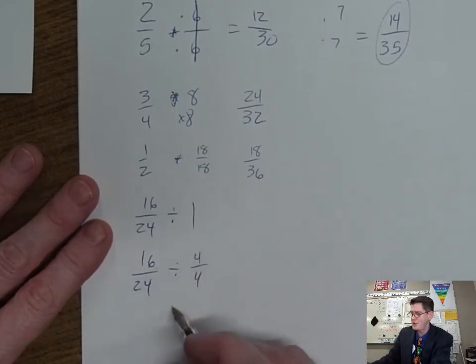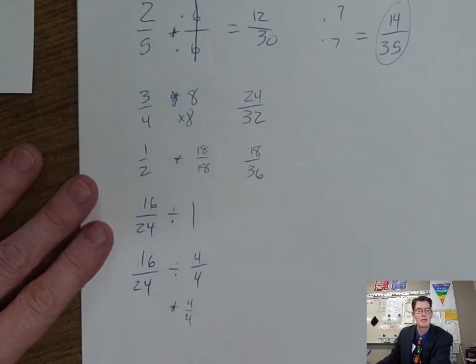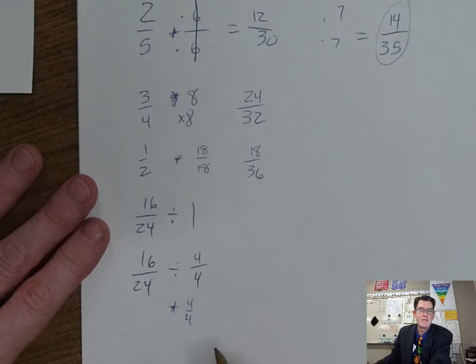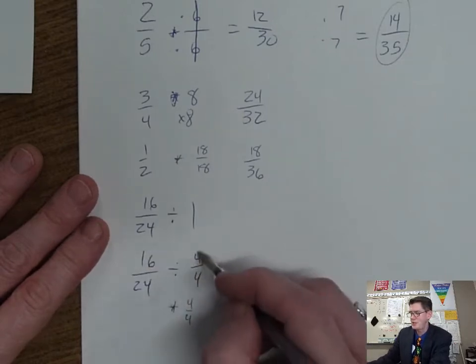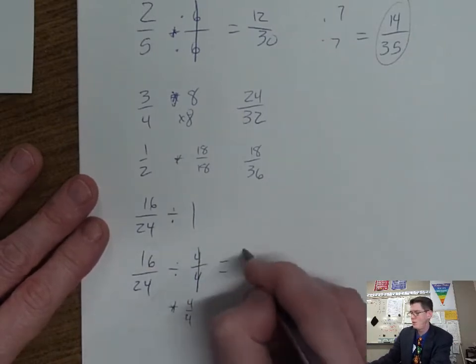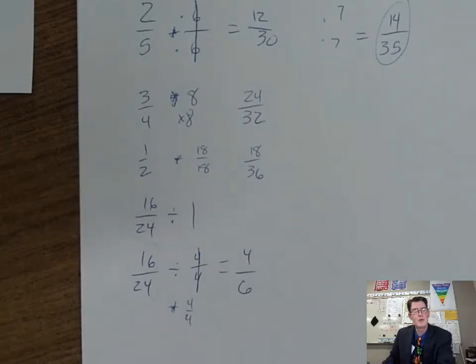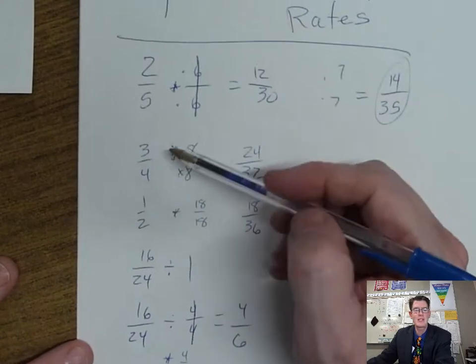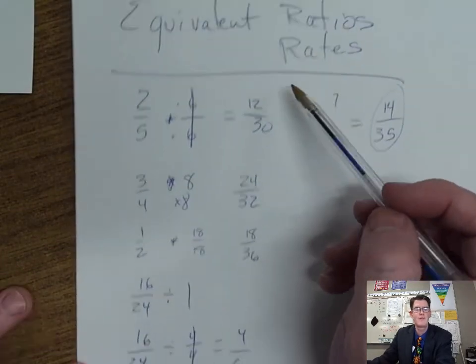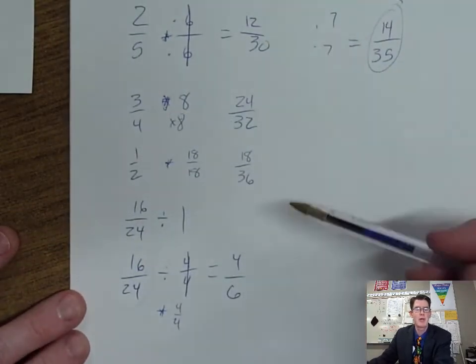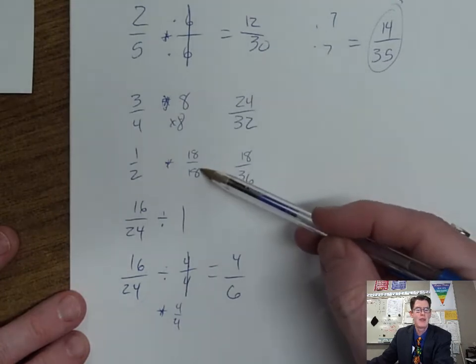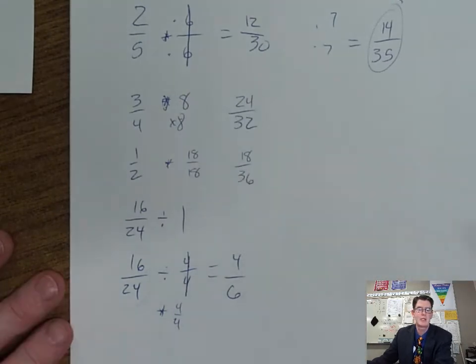Now on division, if you remember, you flip it upside down and multiply, so it's going to be the same as the multiplication. You're just dividing by 1. It's just this fraction divided by 1, 4 over 6. Just showing the reason why you can do this. For any fraction you choose, to make it an equivalent fraction, it's just a matter of multiplying or dividing by the same number.